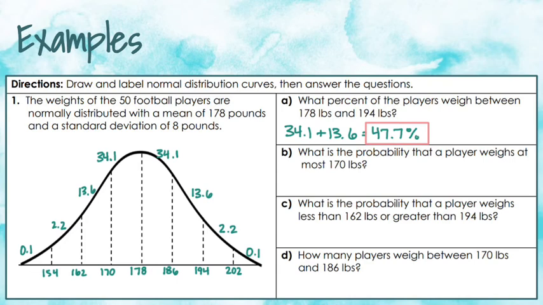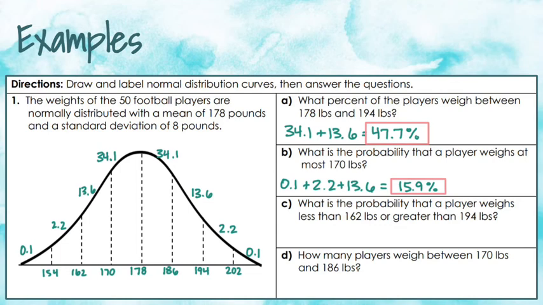So we want to add up the 0.1% plus the 2.2% plus the 13.6%. That's going to give us 15.9%. This is the probability that a player weighs at most 170 pounds. The probability is 15.9%.